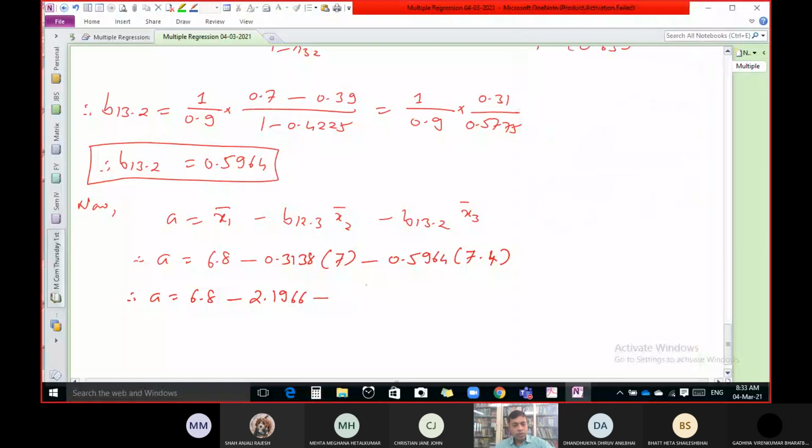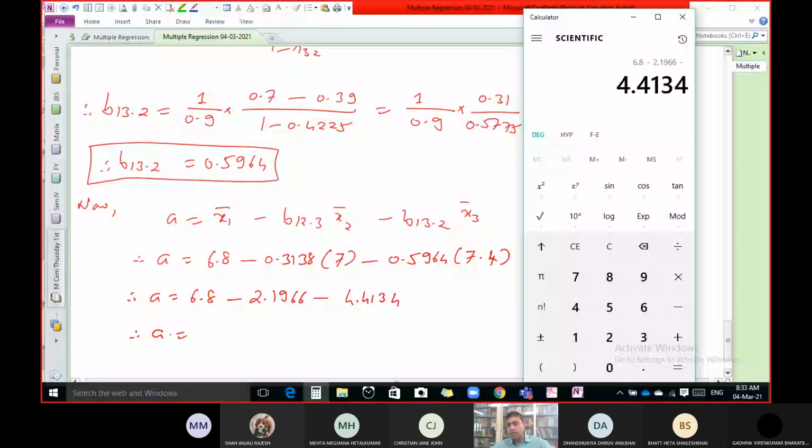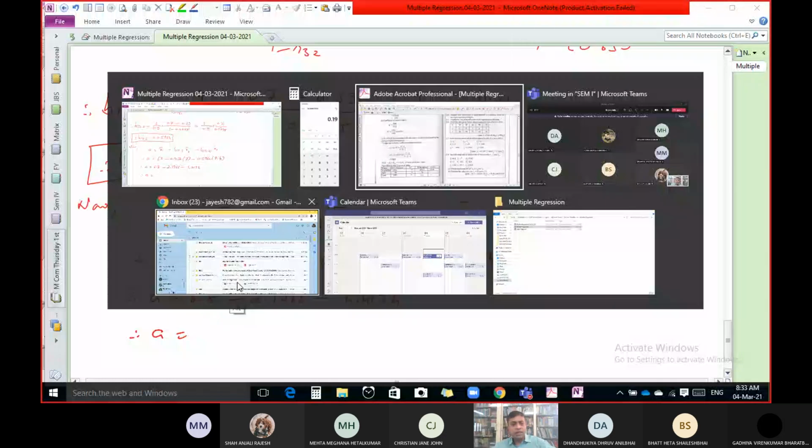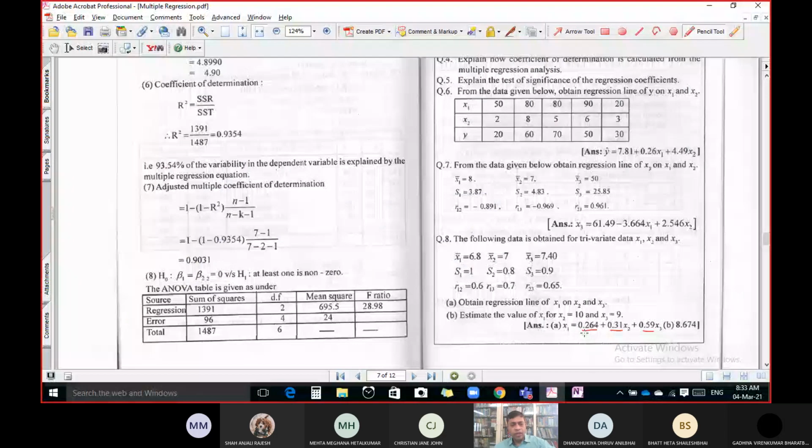So a equal to 6.8 minus 2.196 minus 4.4134, so 0.19. Here the answer is slightly different because it is 0.22, 0.27. Here it is 0.19. Always this type of differences are there.